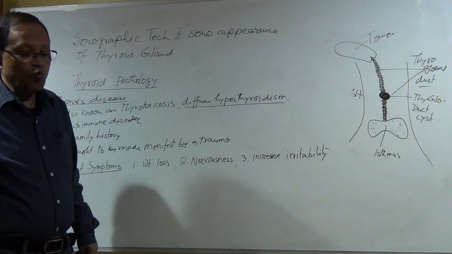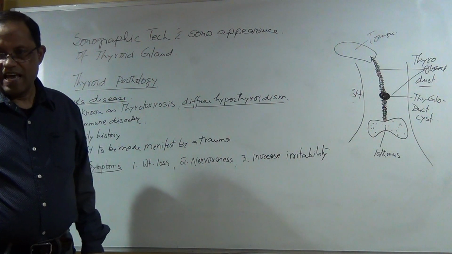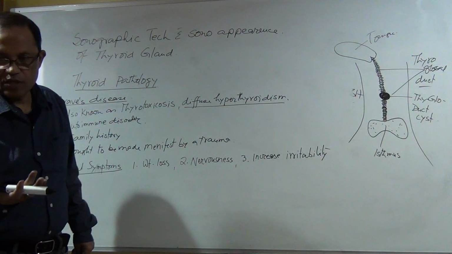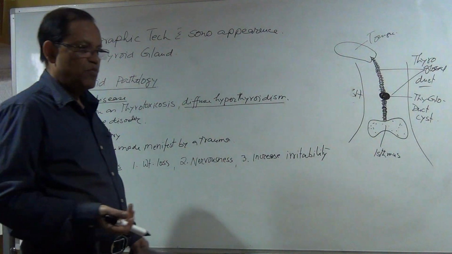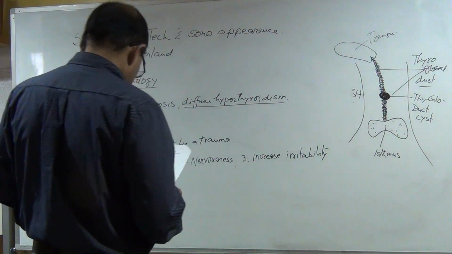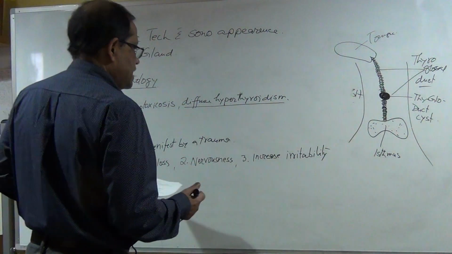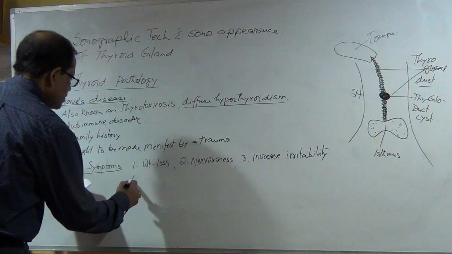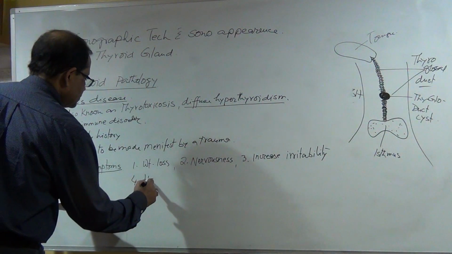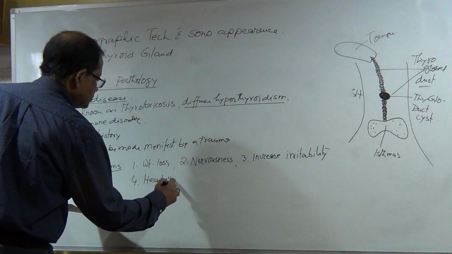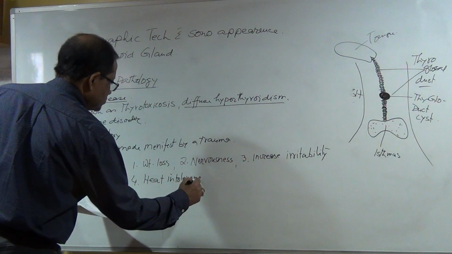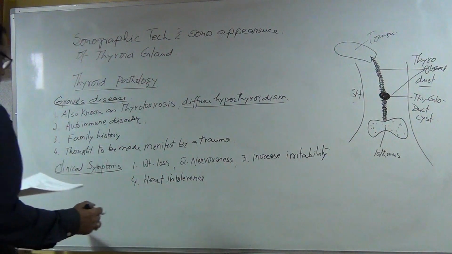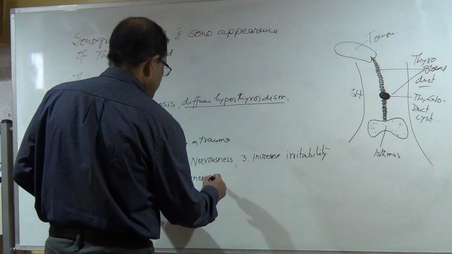They feel very warm in the body, and they have sweaty or moist hands when you do a handshake. And heat intolerance, number 4.